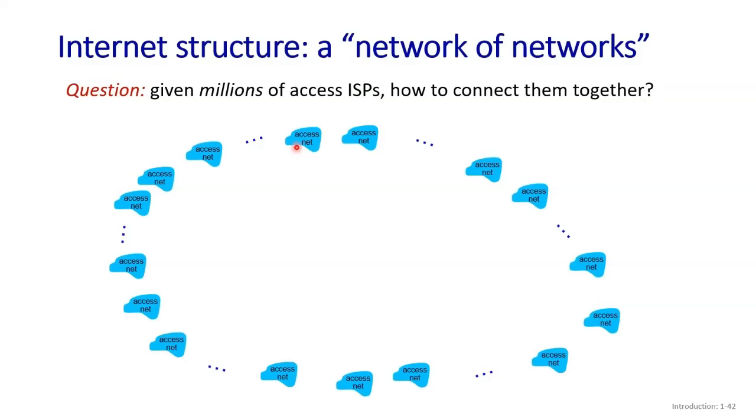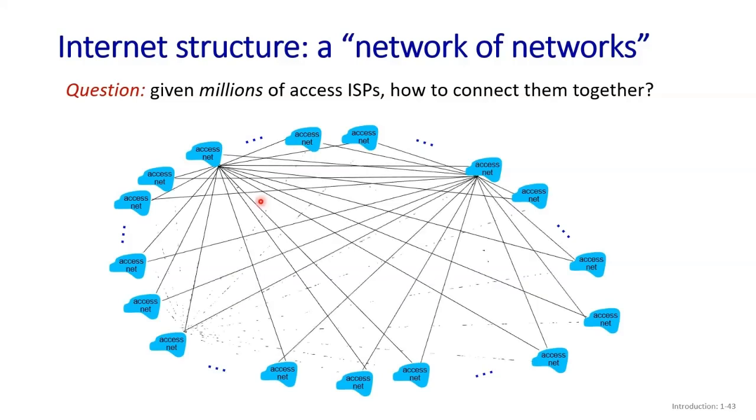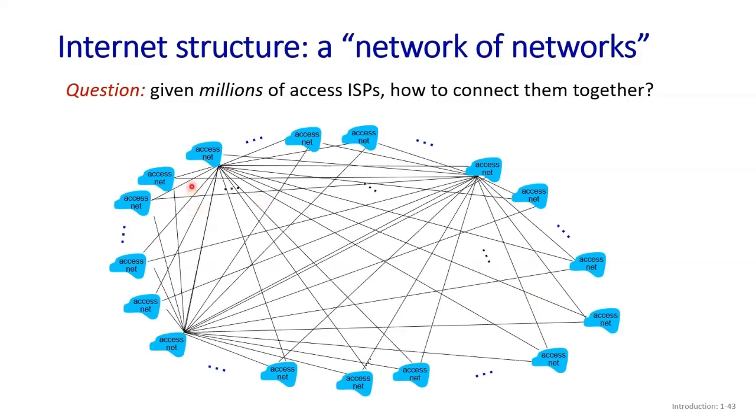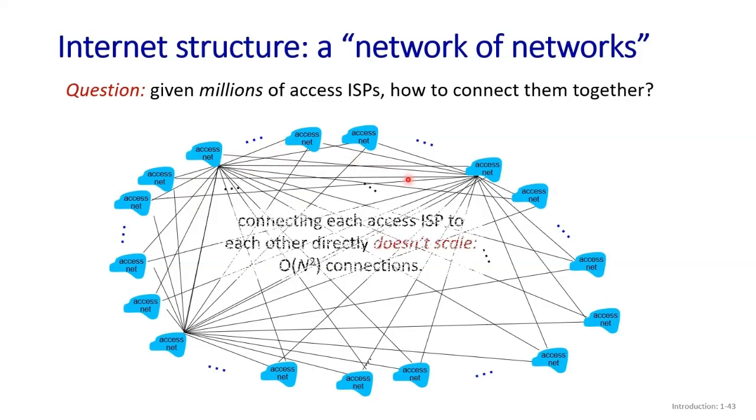So the cost of the communication links which connect all of these access networks with each other would be very, very high. So it's not a feasible solution. Connecting each access ISP to each other directly does not scale. We would end up having order of n squared connections.